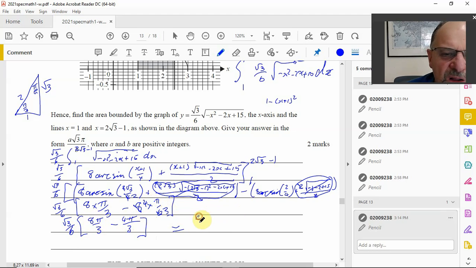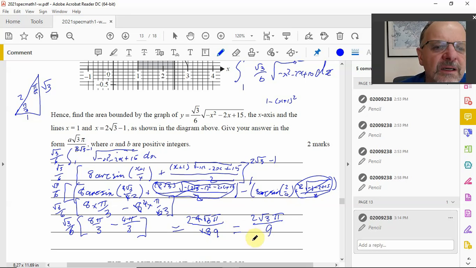That's 4 root 3 pi over 3 6s are 18. And then, of course, we've got some cancelling: 2 goes into there twice and into there 9 times. And so we've finally got the answer, 2 root 3 pi on 9.